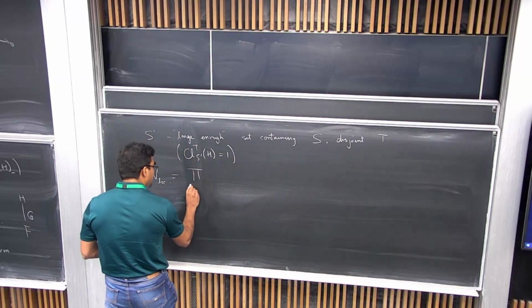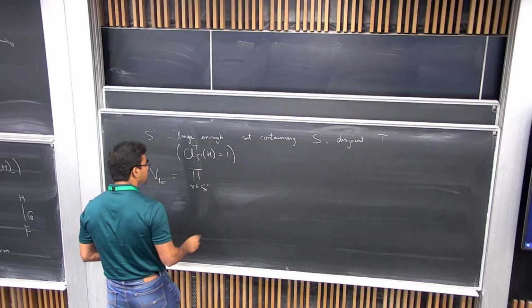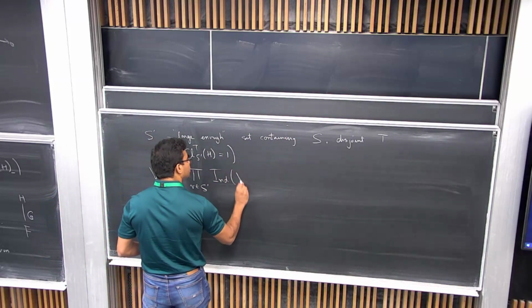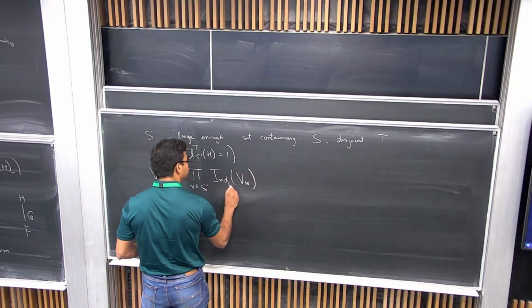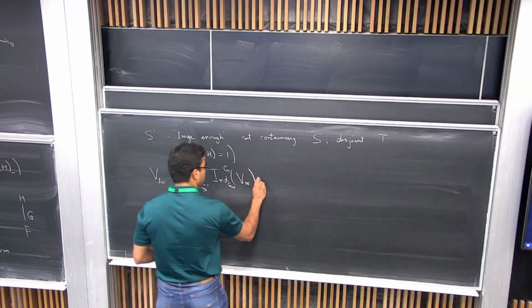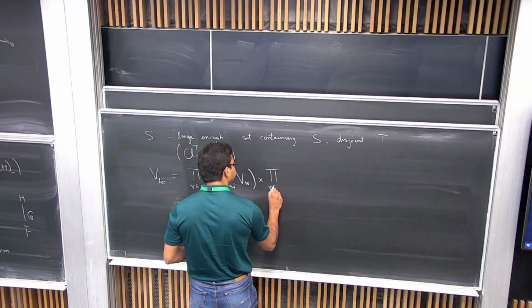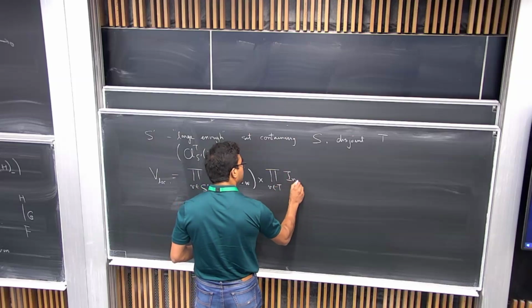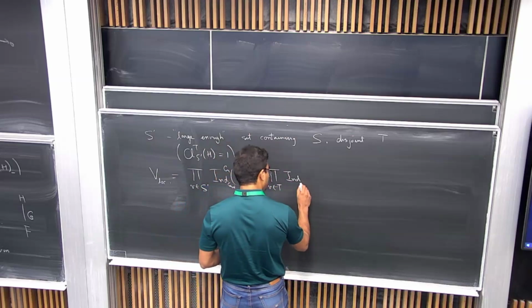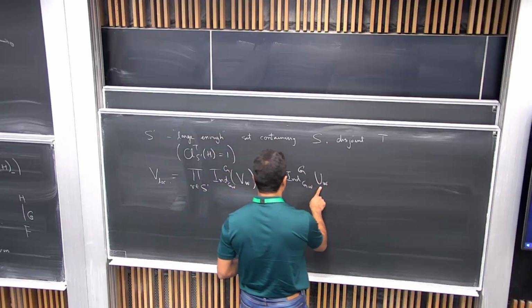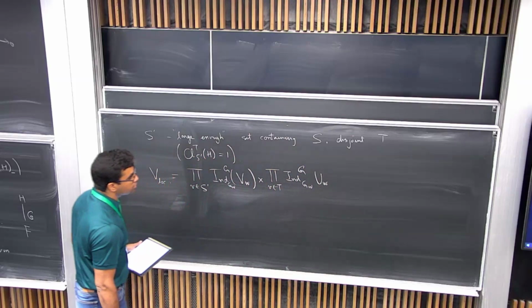So for each v in S prime, I just take the original V_W. And for everything which is in T, I take the principal units. So these are principal units, elements of O_W.